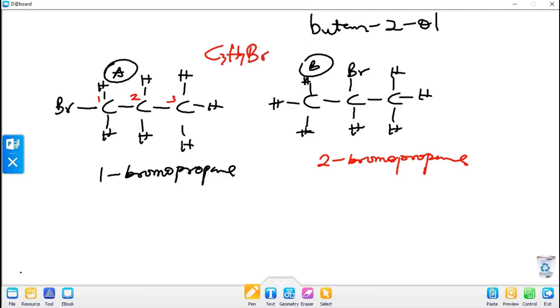So, 1-bromopropane and 2-bromopropane have the same molecular formula, but their structural formula is different because of the position of bromine. Bromine in the first compound is at position 1 of carbon atom, but in the second compound, bromine is at position 2. So this is also another example of position isomers, and it is worthy that we take good note of that.